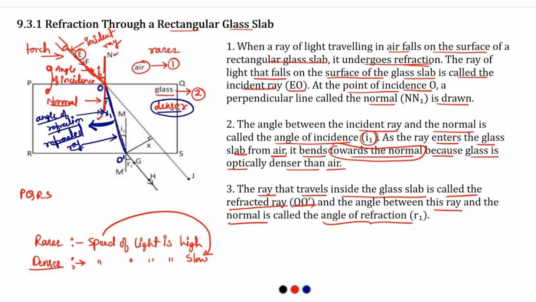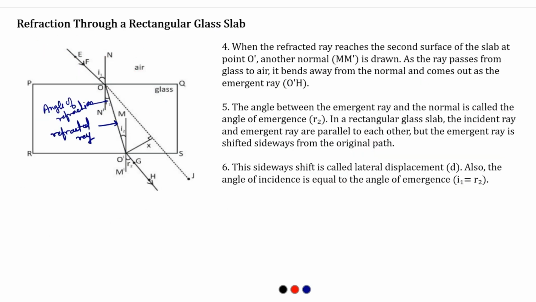Now we will see the next one. Now the next point, when the refracted ray reaches the second surface of the glass slab. So see, the blue color was the refracted ray. Now when it reaches the second surface, this was the first surface. Here you can see PQ was the first surface or the first boundary, and RS was the second boundary or the second surface.